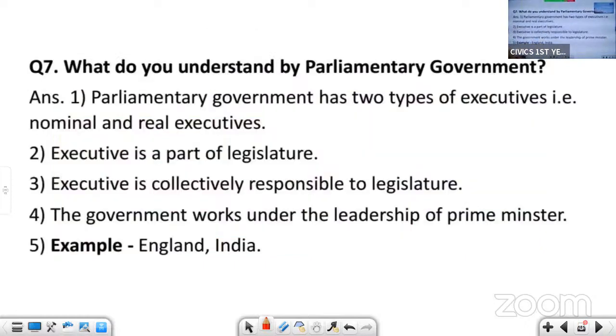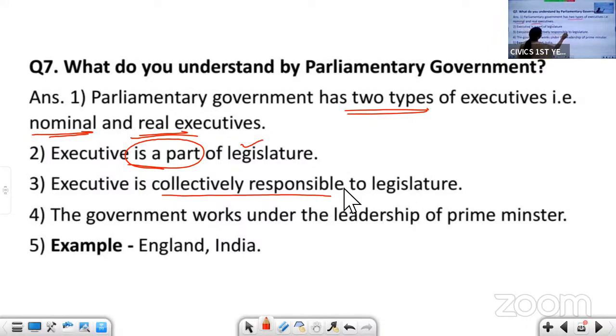The next question is, what do you understand by parliamentary government? In parliamentary government, you will have two executives, the nominal executive and the real executive. In the parliamentary form of government, the executive is a part of the legislature. The executives come from the legislature, and they are collectively responsible to the legislature.